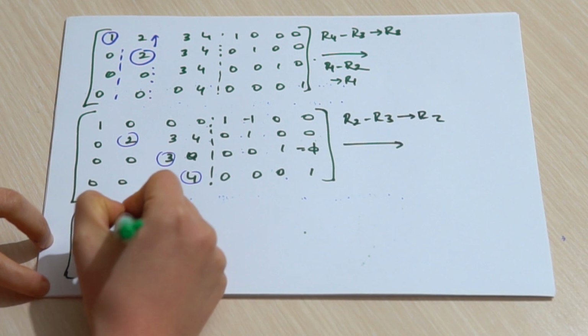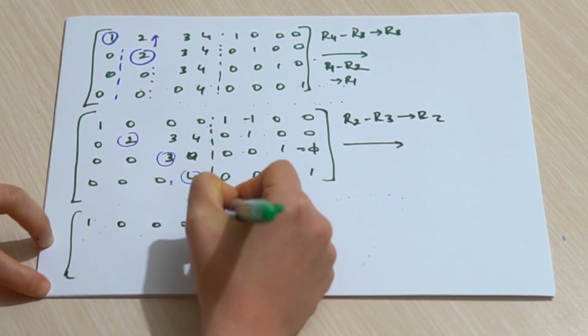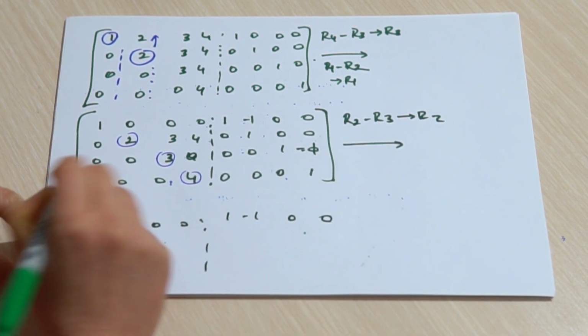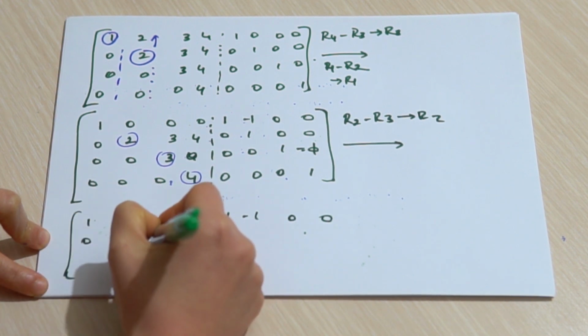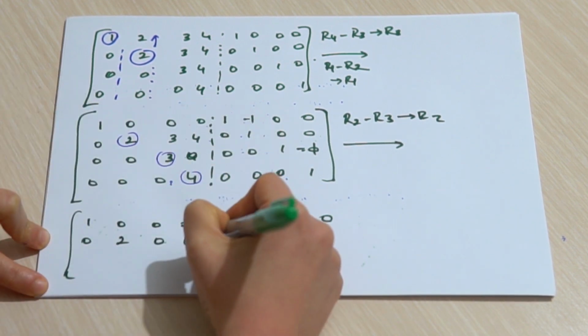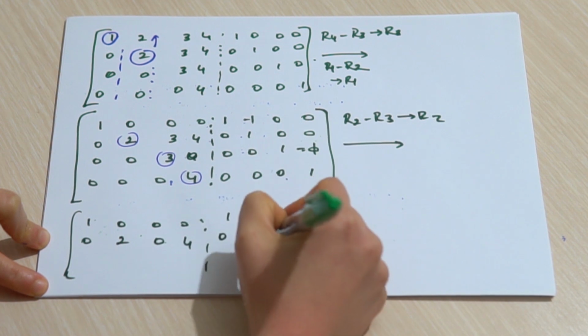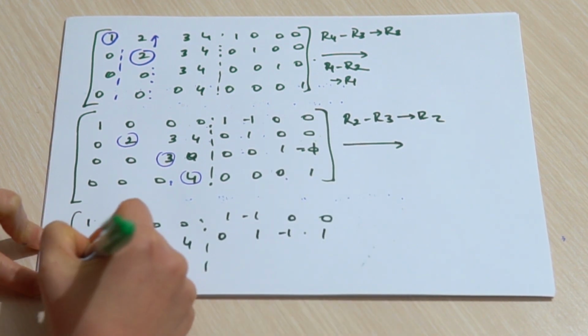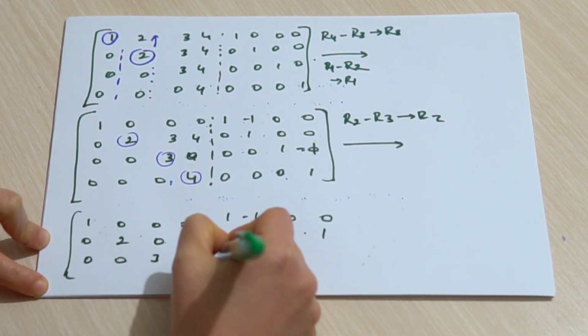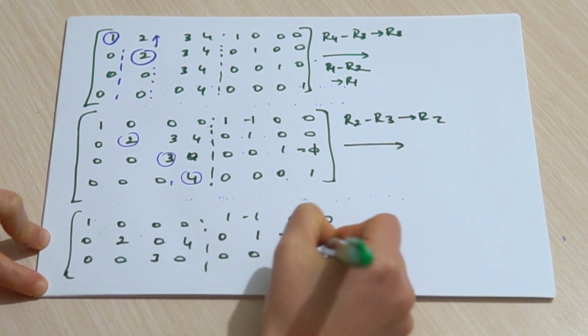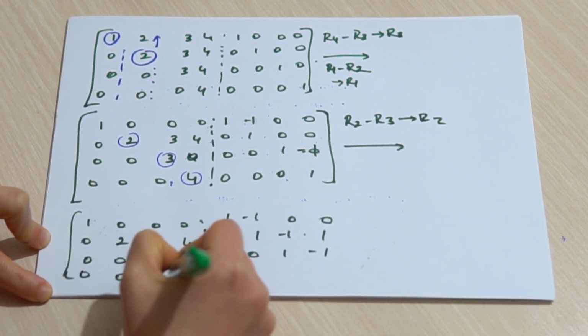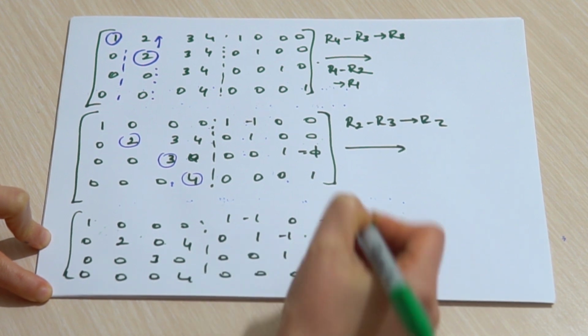Then I will have 1, 0, 0, 0, 1, minus 1, 0, 0, 0, 2, 0, 4, 0, 1, minus 1, 1, 0, 0, 3, 0, 0, 0, 1, minus 1, 0, 0, 0, 4, 0, 0, 0, 1.